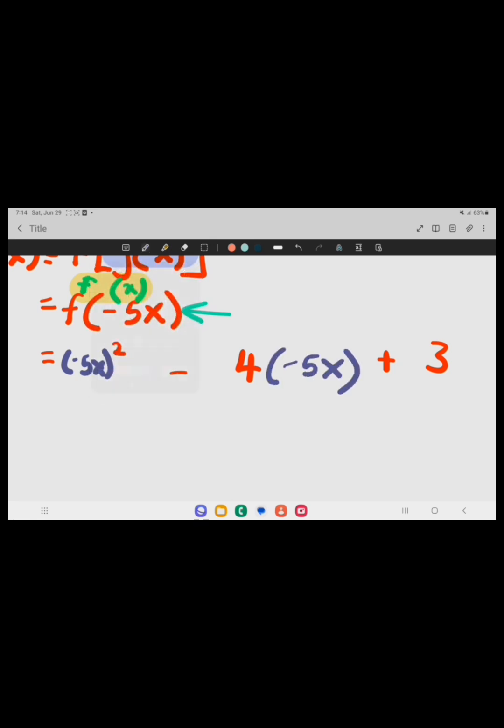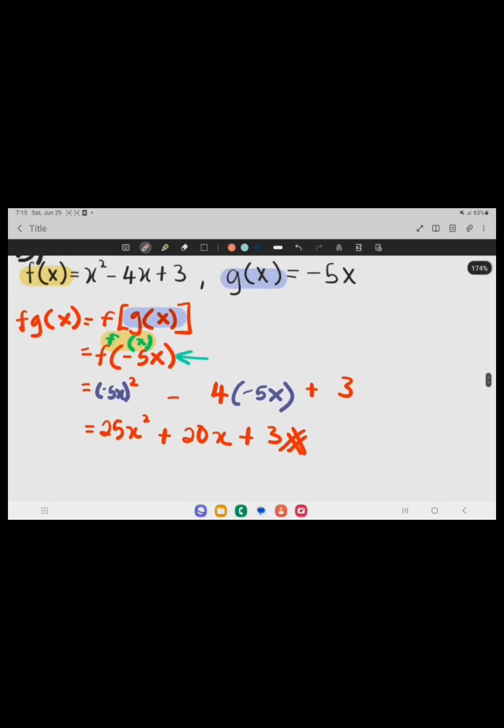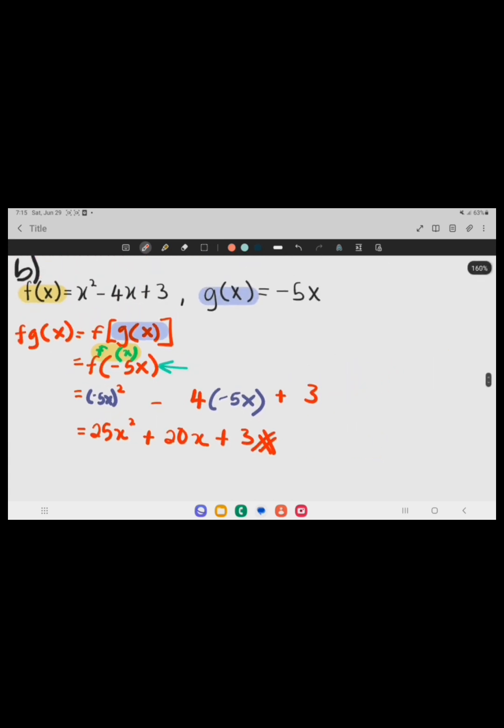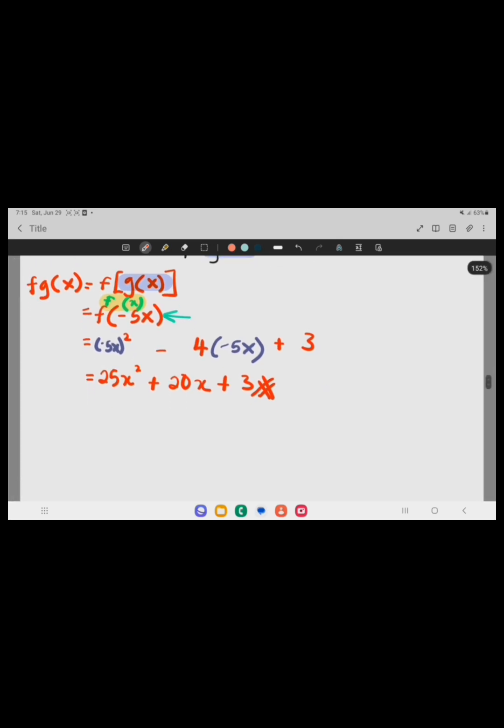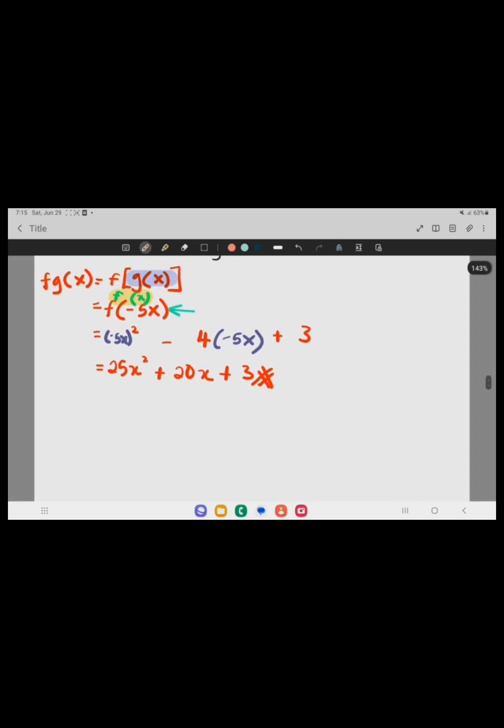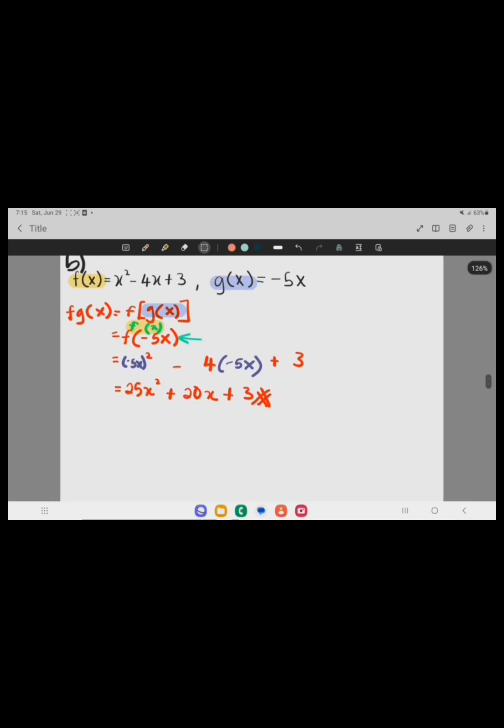You'll get the final answer, which is 25x squared plus 20x plus 3. So this would be the final answer, the composite function of fg(x). Okay, so next is to find gf(x). Let me bring it downward.